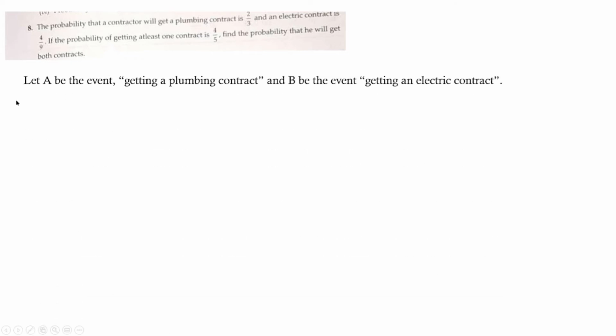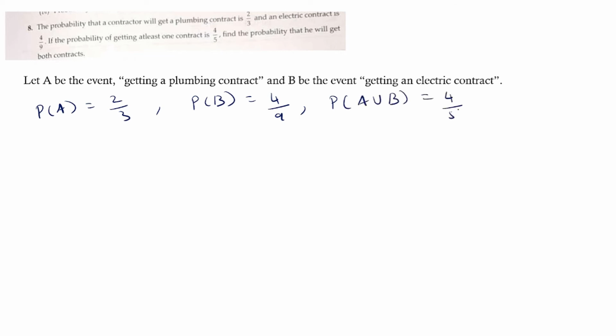So let A be the event getting a plumbing contract and B be the event getting an electric contract. So it is given probability of A is 2/3, probability of B is 4/9, and probability of getting at least one contract, A union B, is 4/5. We need to find probability of A intersection B.